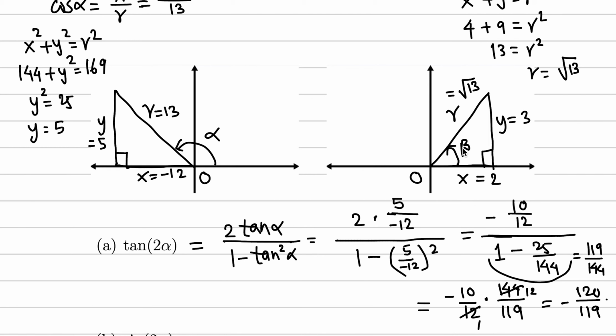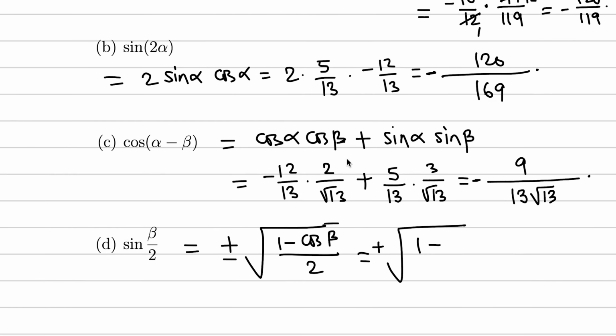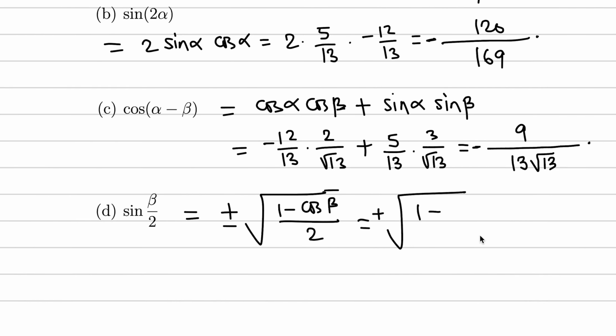Let's say maybe 50. Half of that means 25. 25 is still in the first quadrant, and everything is positive in the first. So we just keep the plus sign, we don't have to write it. Cosine beta, look at the value, that's 2 over root 13, all over 2.